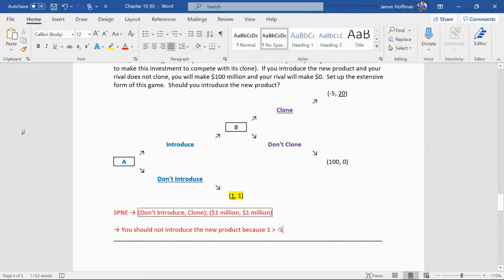Okay, so questions on this one where you got to draw the game tree and there's a sequential game going on? All right, everybody's good.